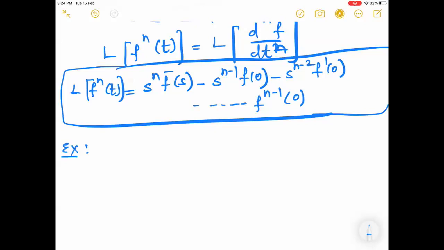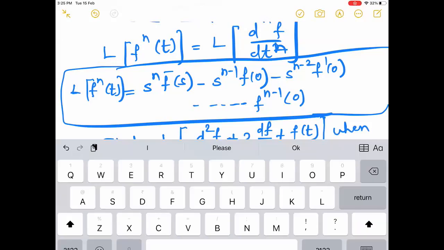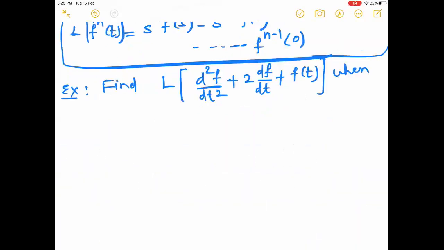Okay, for example, find the Laplace transform of d square f upon dt square plus 2 df by dt plus f of t, when f of 0 is equal to 0, f dash 0 is equal to 1.